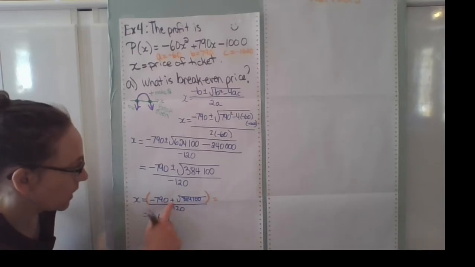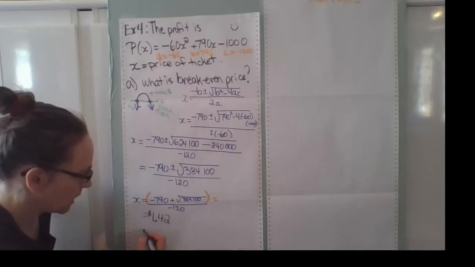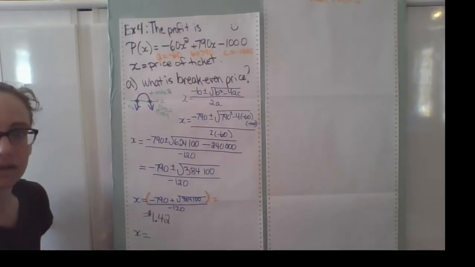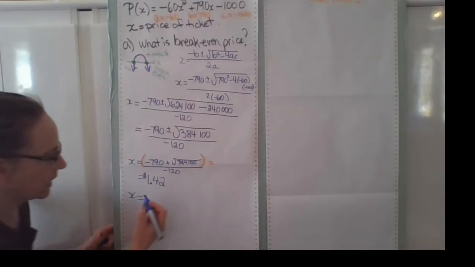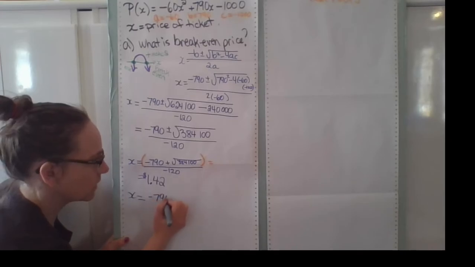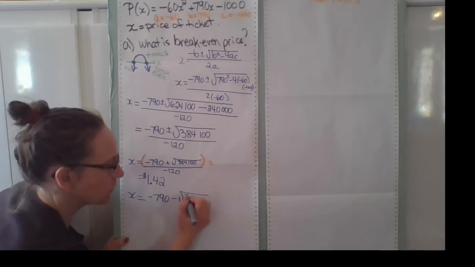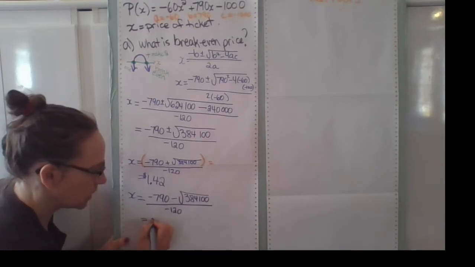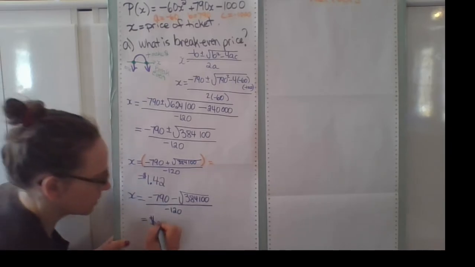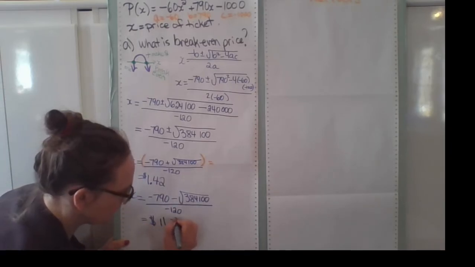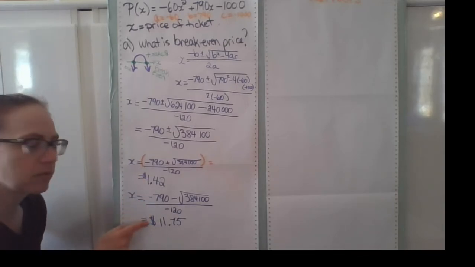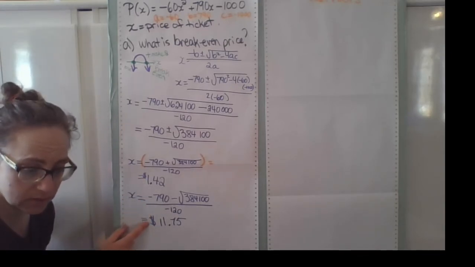And if we did the minus version, we would get x equals negative 790 minus the square root of 384,100, all divided by negative 120. And you should get an answer of $11.75. So those would be my two ticket prices for my break-even point.